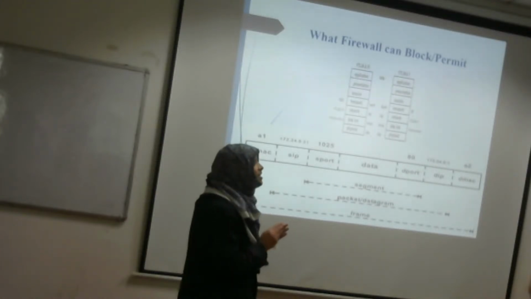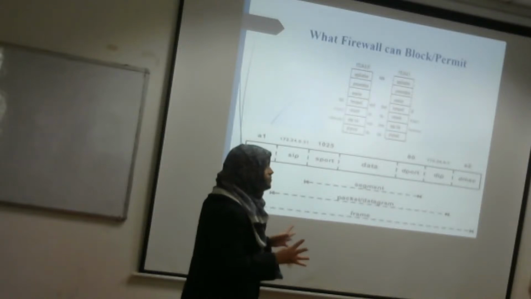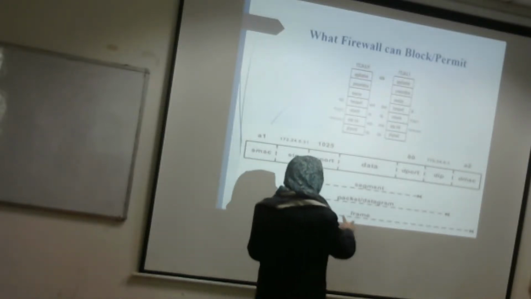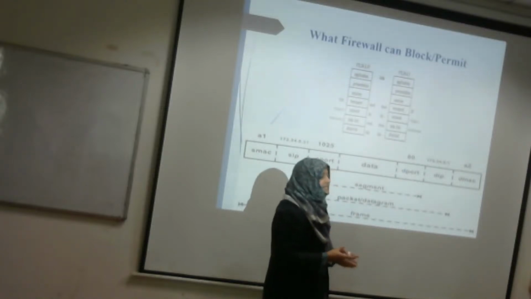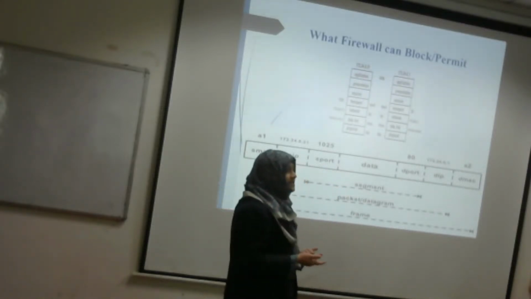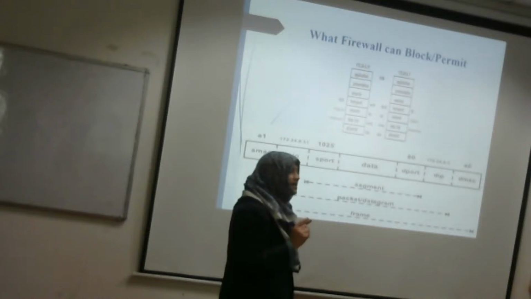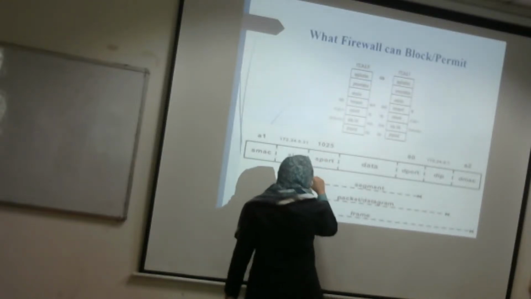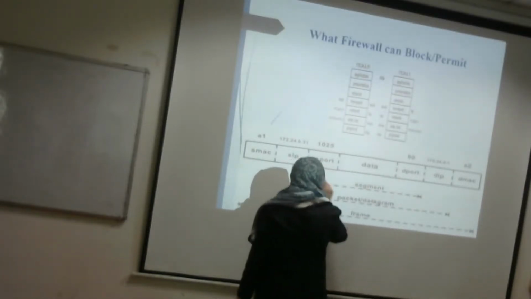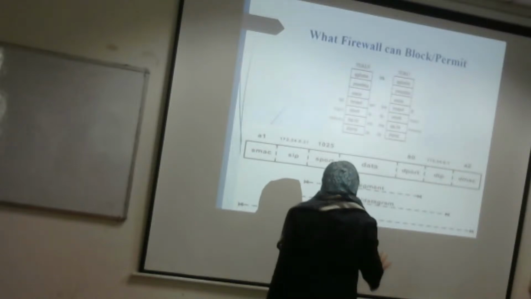A firewall actually sees the traffic only. Data will always be there, it doesn't matter what data we are sending, but who is sending the data and who is receiving it. The work of a firewall only corresponds to that. So it will check the source port, destination port, source IP, destination IP, and source MAC and destination MAC.